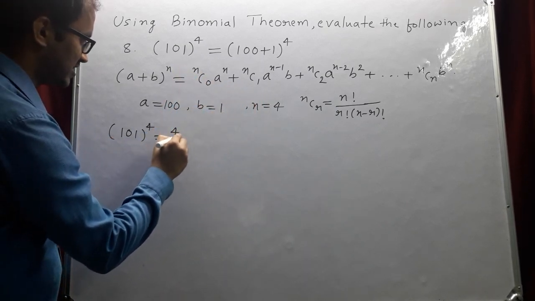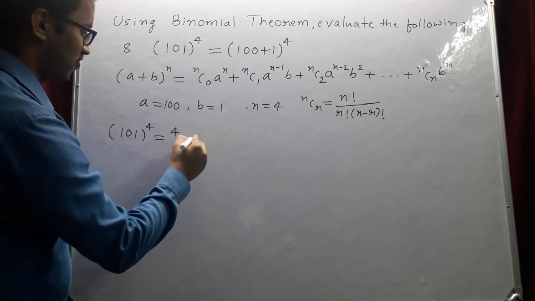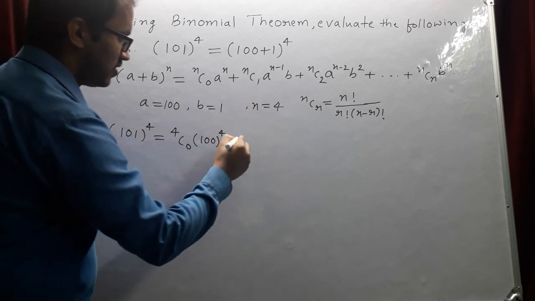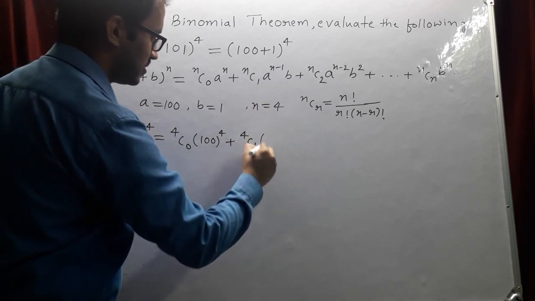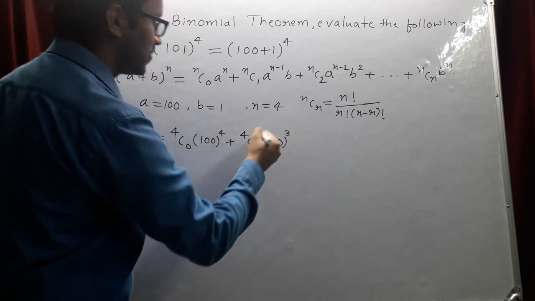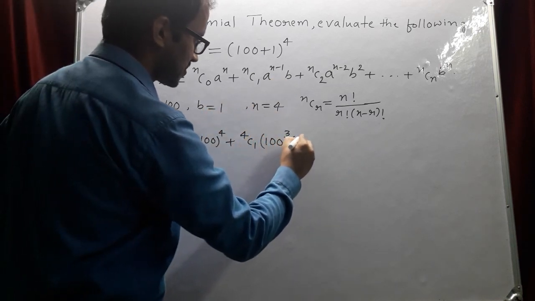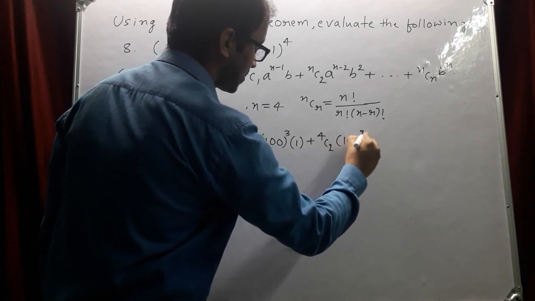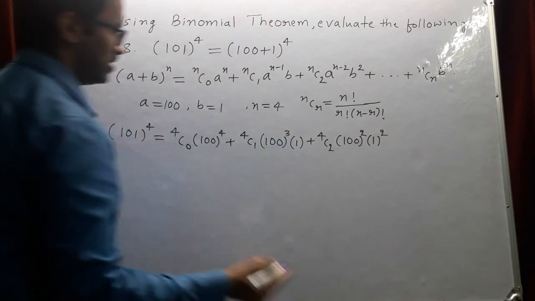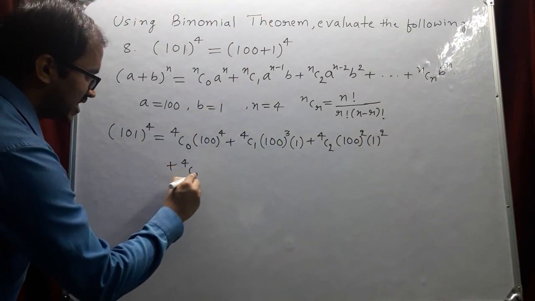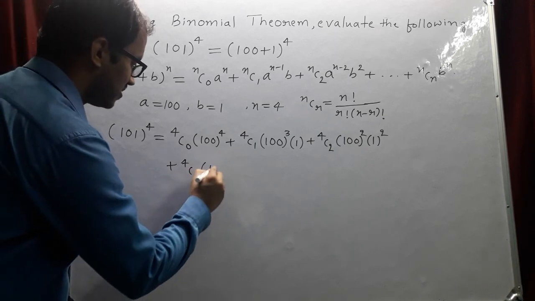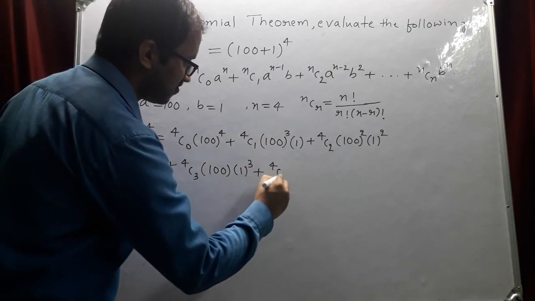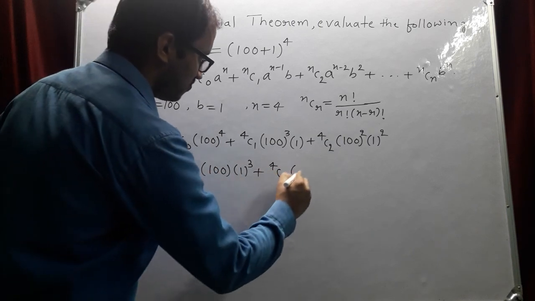4C0, a power 4, a is 100 power 4, plus 4C1, 100 cube into b, b means 1, plus 4C2, 100 square into 1 square, plus 4C3, 100 into 1 cube, plus 4C4, 1 power 4.